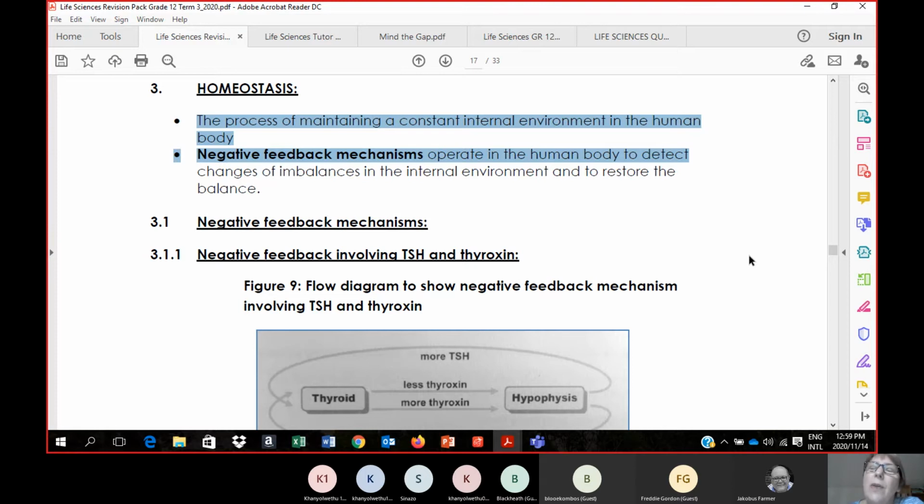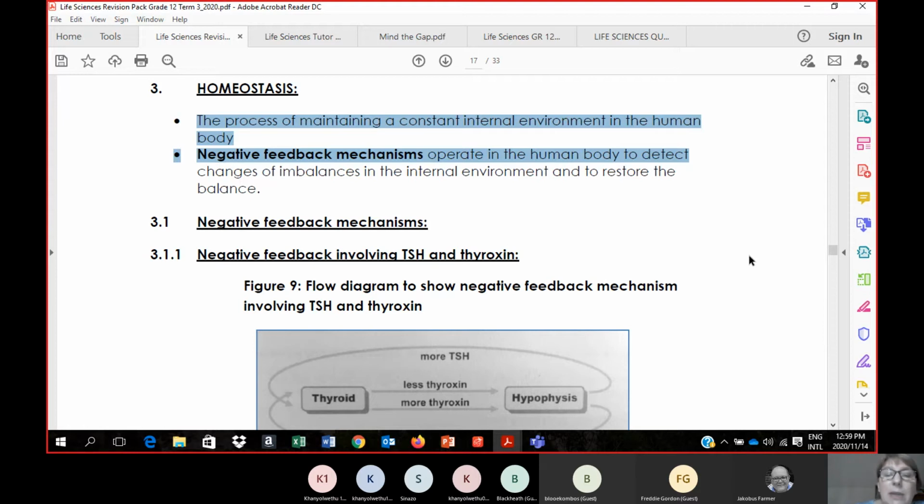And so there are a number of factors that have to stay constant. So for example, your glucose levels need to stay the same, because if your glucose levels drop too much, then obviously cellular respiration can't occur, and your body cells aren't going to get enough energy. Then the amount of water has to stay constant in the body. The amount of salts need to stay constant inside the blood, the pH, and so on.